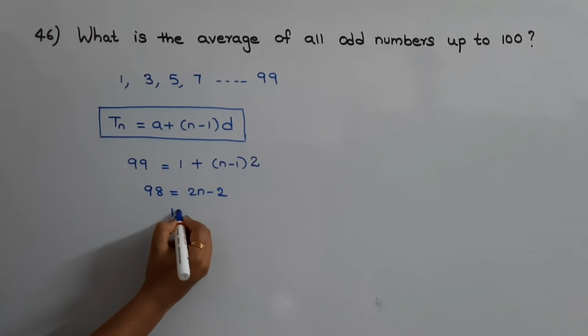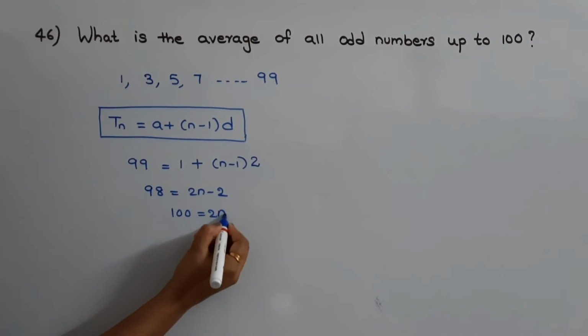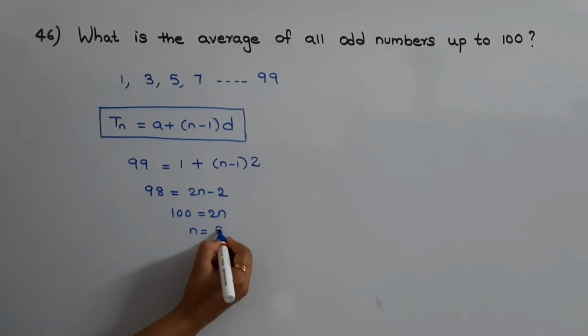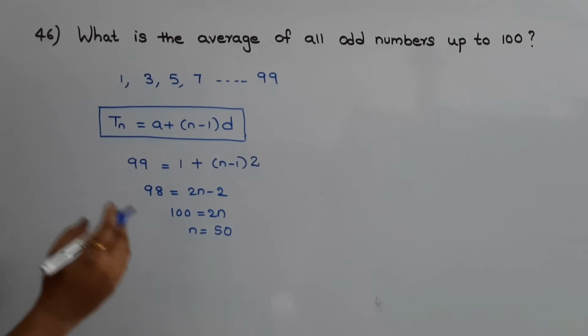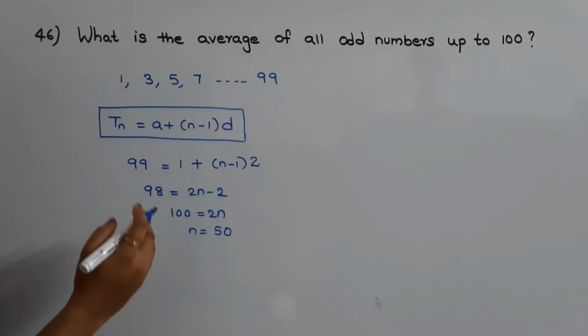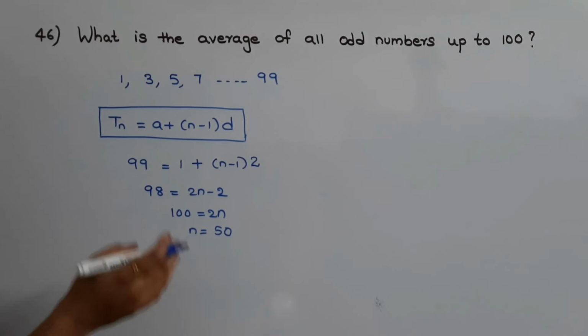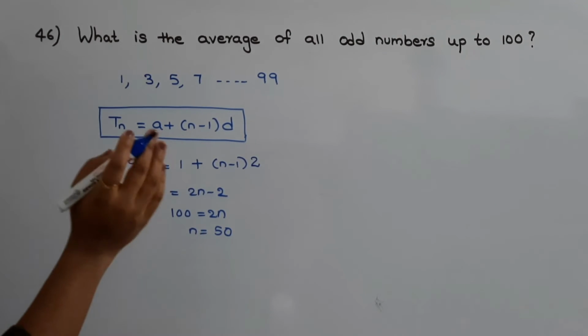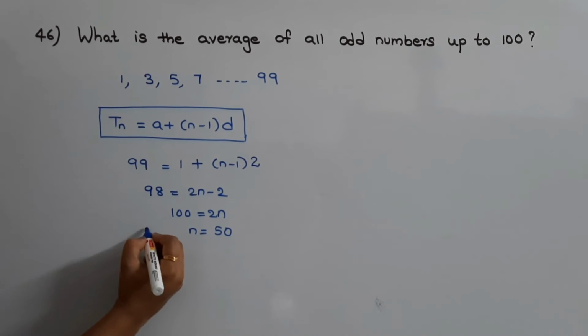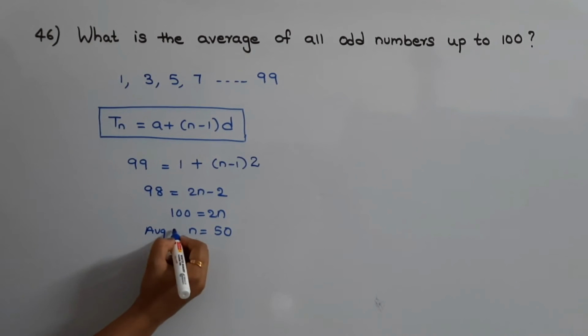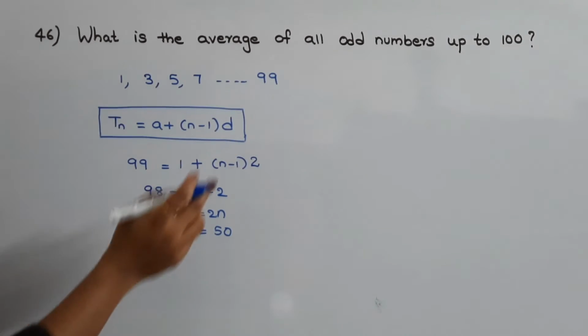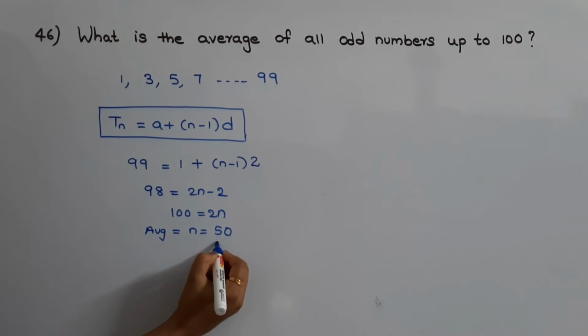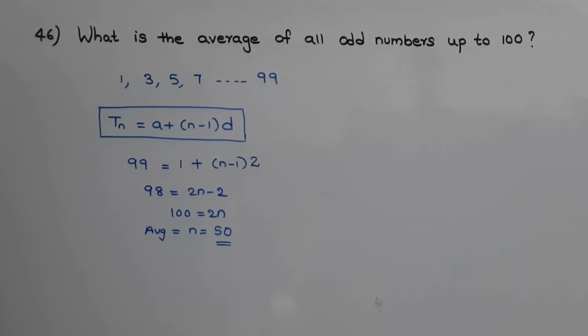From this 100 is equal to 2n and we will get the n value as 50. So the average of first n odd natural numbers is n itself. So the average of all odd numbers from 1 to 100 is 50. So this is the answer.